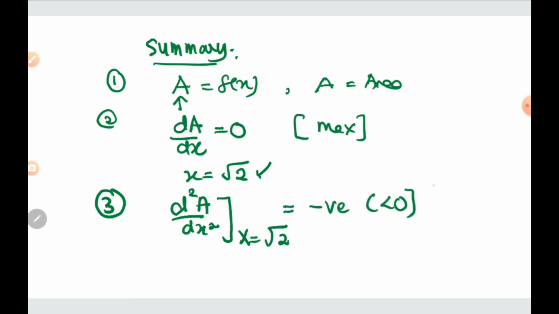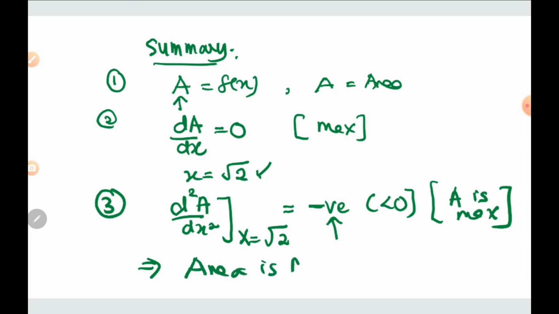Okay, which means that area A is maximum. So our conclusion is, when you get the second derivative negative here, the area is maximum when x equals to root 2.